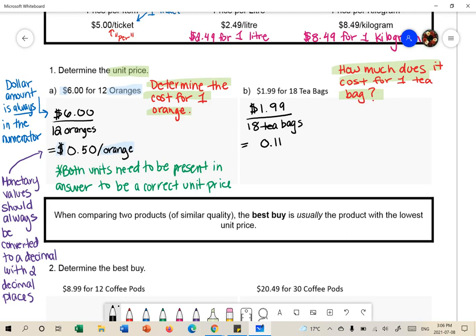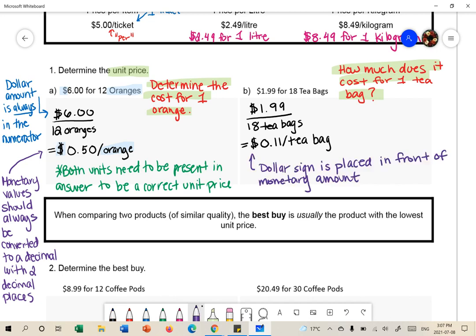I'm going to round it to 2 decimal places because this is a monetary value, and I'm going to include both of my units in my answer. Remember that the dollar sign is placed in front of the monetary amount.